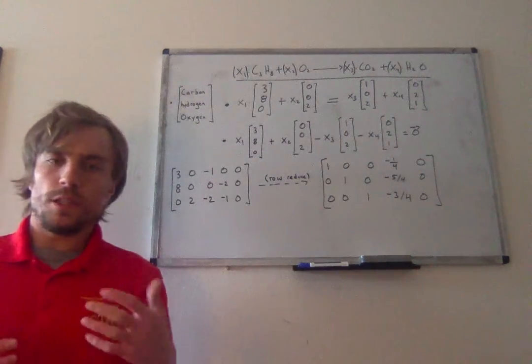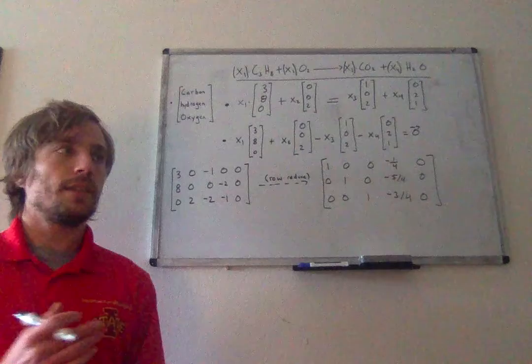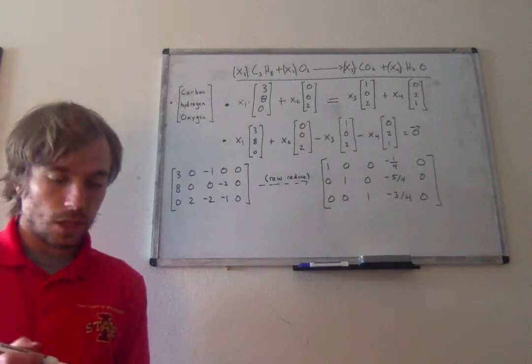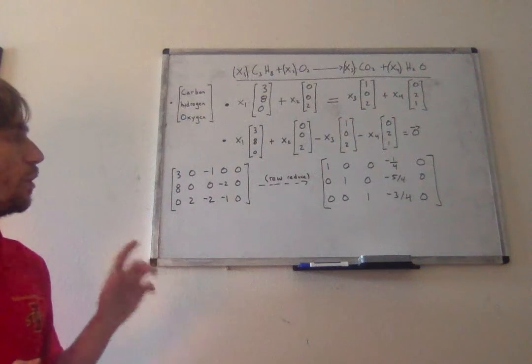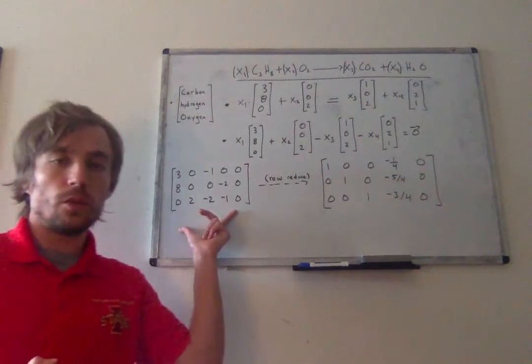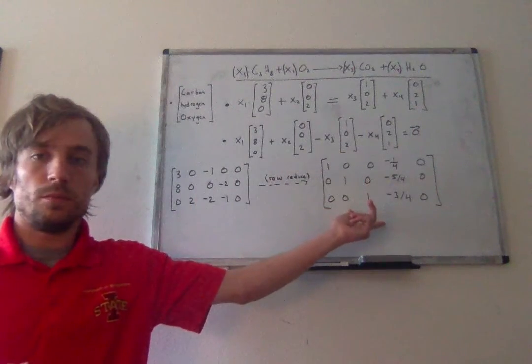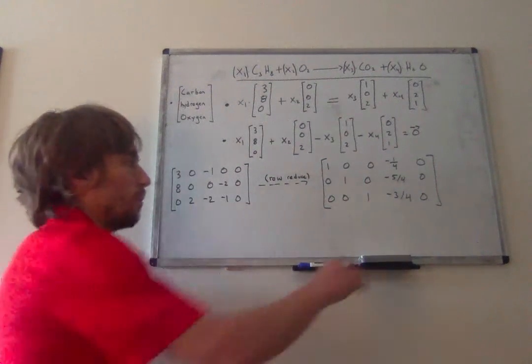And so now we want to talk about how we can interpret this and what it tells us about our vector equation. So in order to do this, I'm actually going to erase the original augmented matrix and write more here, since we have our row reduced augmented matrix.